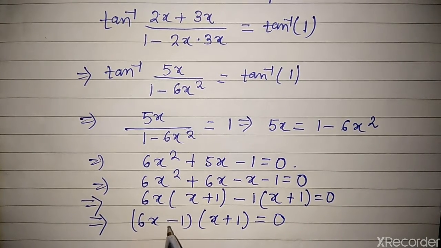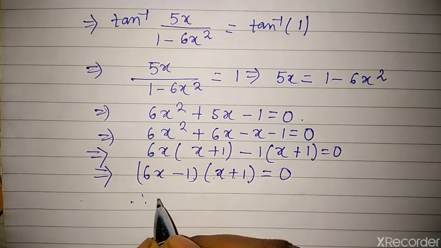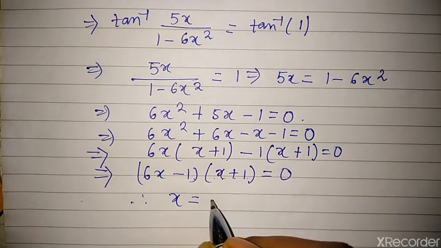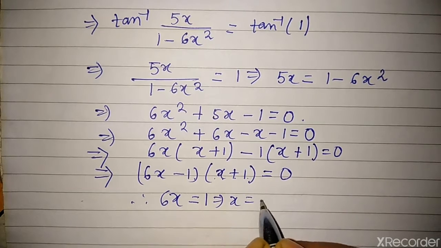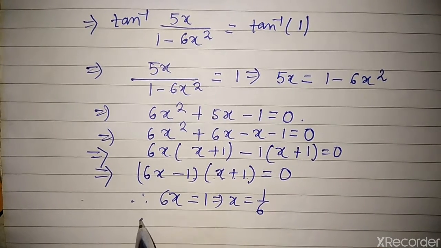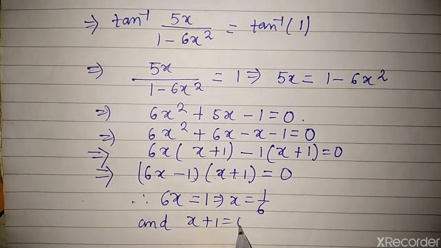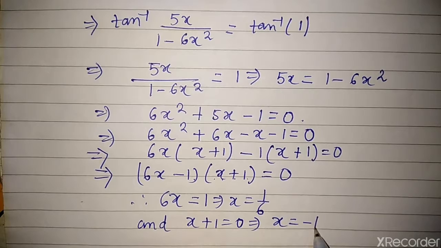First one is 6x minus 1 and the second one is x plus 1. Therefore, the value of x can be written as 6x equals 1, and this implies x equals 1 by 6, and x plus 1 equal to 0. From this we get x equals minus 1.